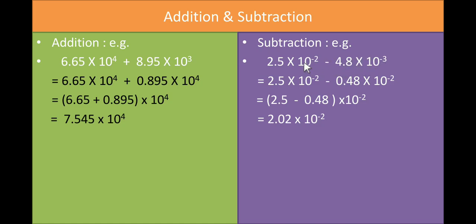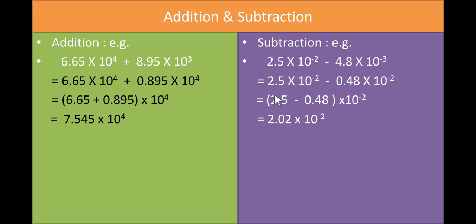So we either change this power to 10 to the power minus 3 or this power to 10 to the power minus 2. We are here changing 10 to the power minus 3 to 10 to the power minus 2. So this part remains the same and in this part we shift the point one place towards the left and raise the power by 1, that is minus 3 becomes minus 2.